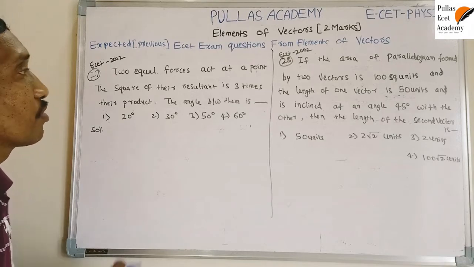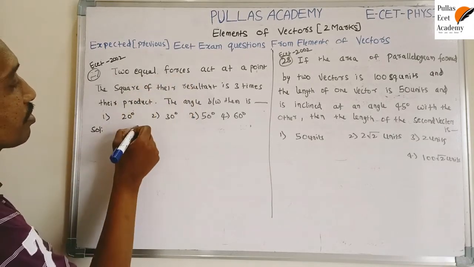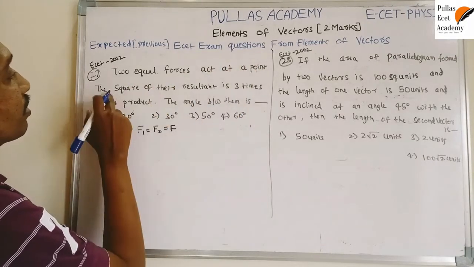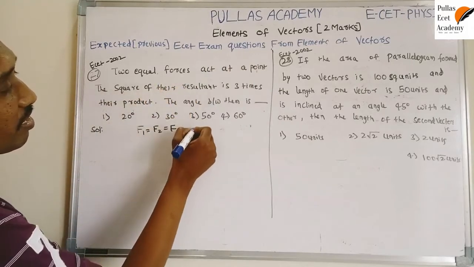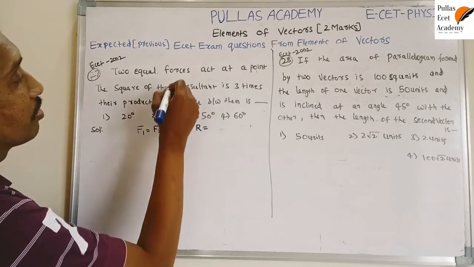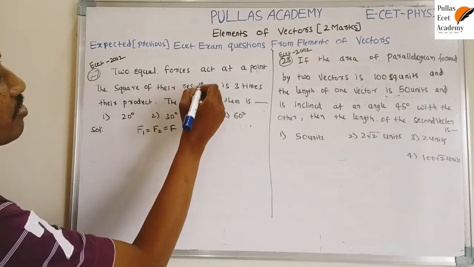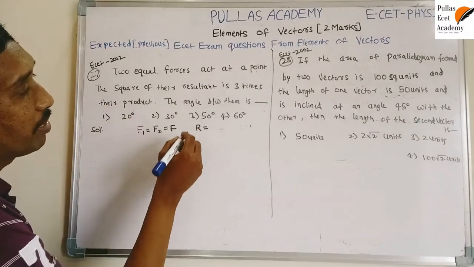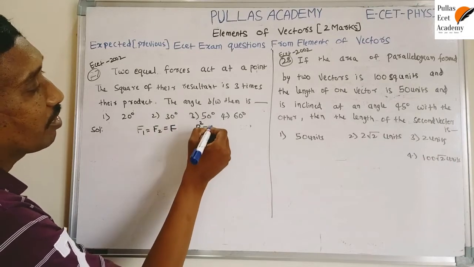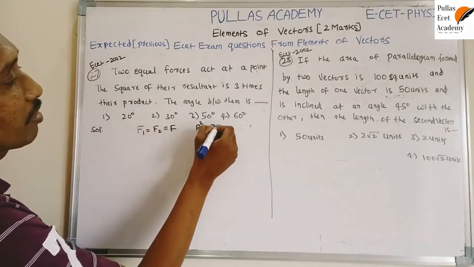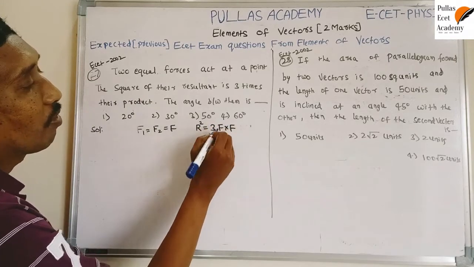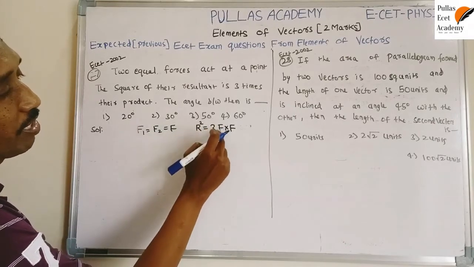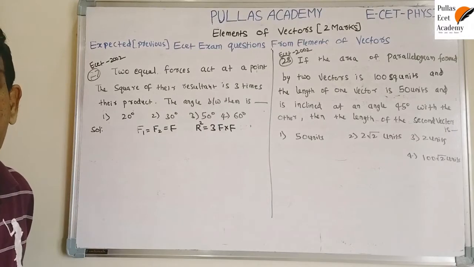Two equal forces, that means we consider F1 is equal to F2 is equal to F. The square of the resultant, R square, is equal to 3 times their product, that is F into F. These are the given values: F1 and F2 are similar to F, and the square of the resultant is equal to 3F square. The angle between these two vectors is asked.